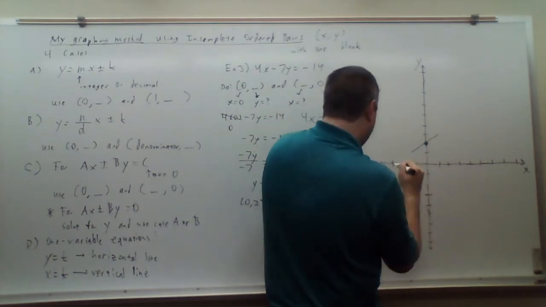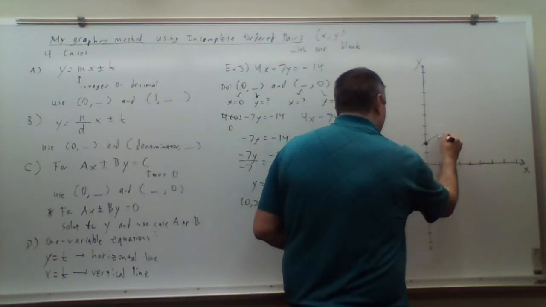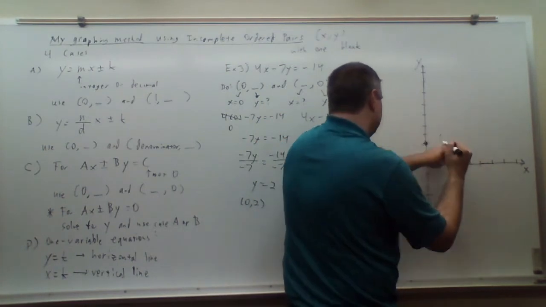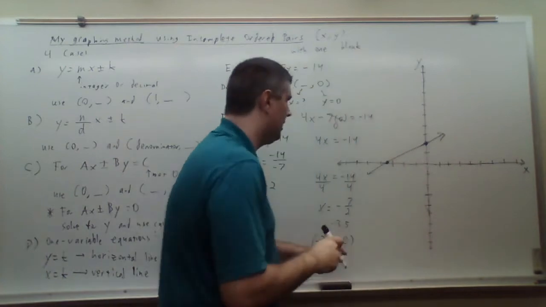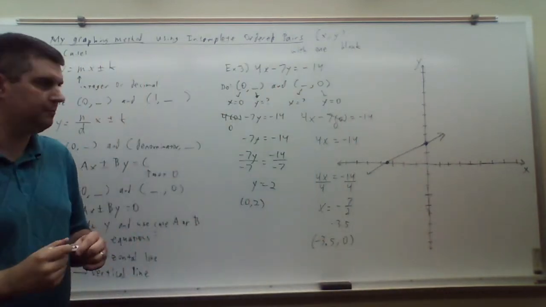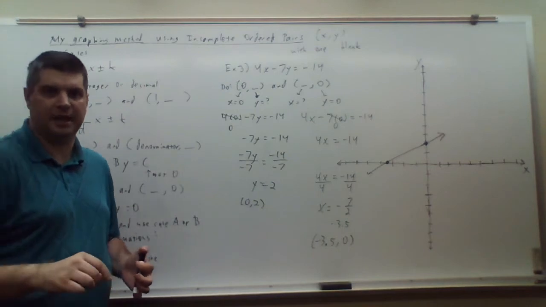Negative 3.5 is right here. Let's try again. And there is a sketch of the line that matches this description. I'm going to pause here again and set up another example.